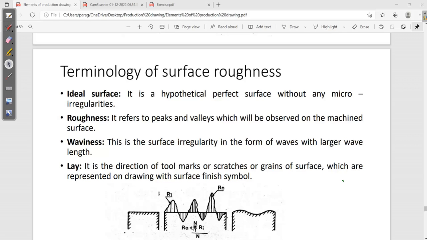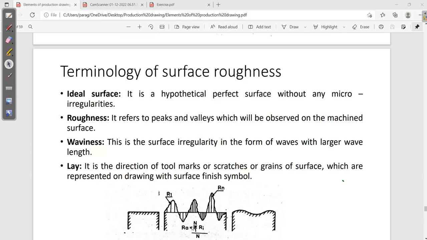Smoother means what? Definitely surface roughness will be there, but it will be lesser as compared to the hole you got by drilling operation. Just remember that.